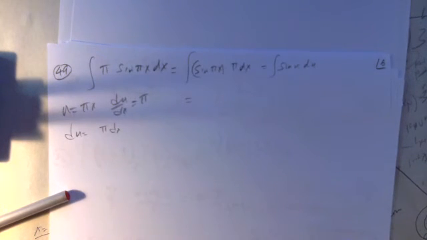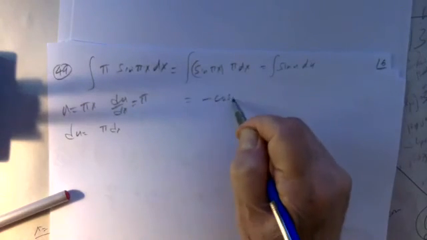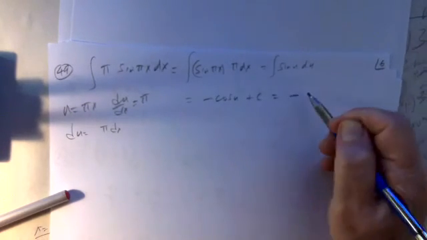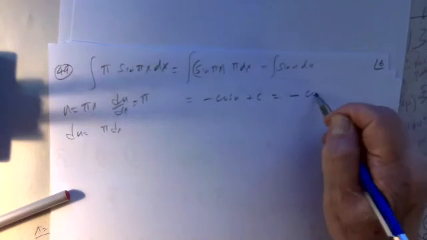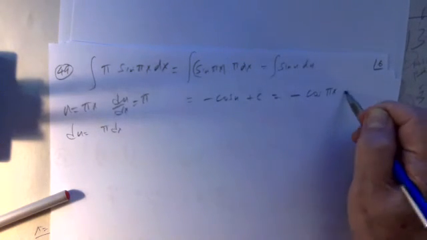Minus cosine. So we get minus cosine u plus c, and u is pi x. So it's just minus the cosine of pi x plus a constant.